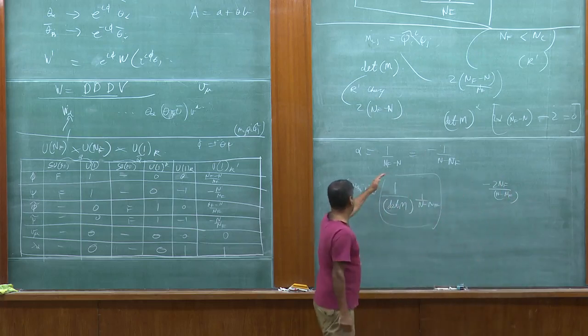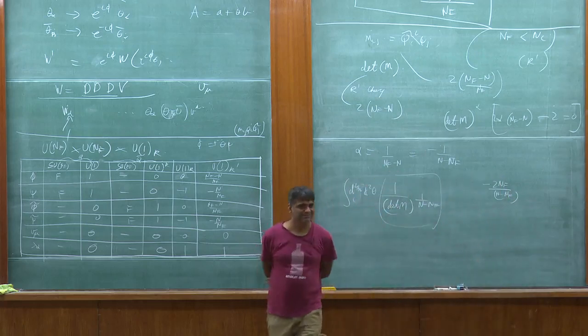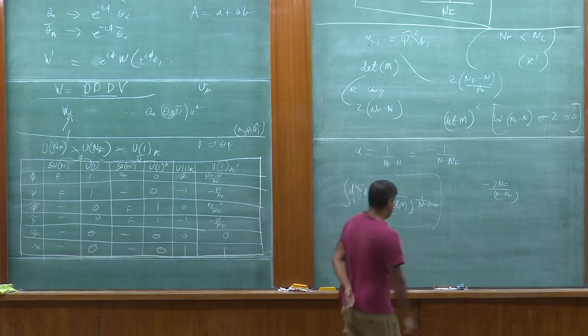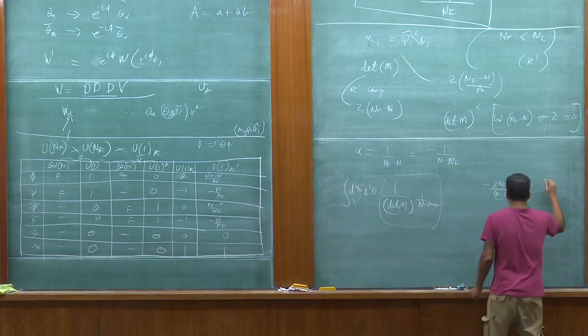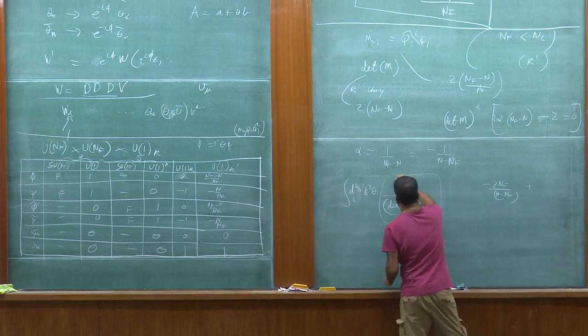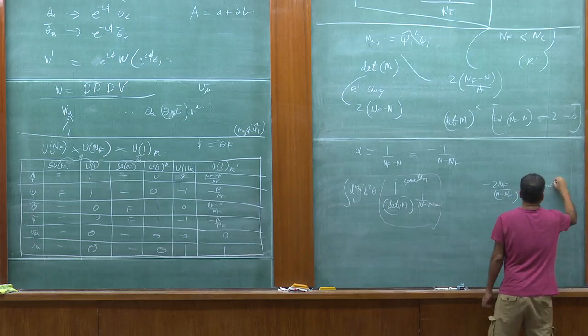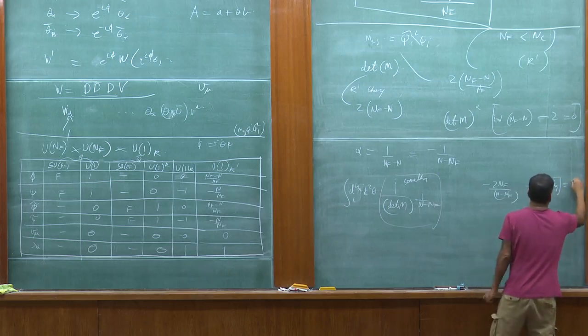That's the dimension of this quantity in mass units. Is this clear? But we need plus something. We want to put a something here, whatever it is. Let's call it something. So that plus something has to be equal to 3.